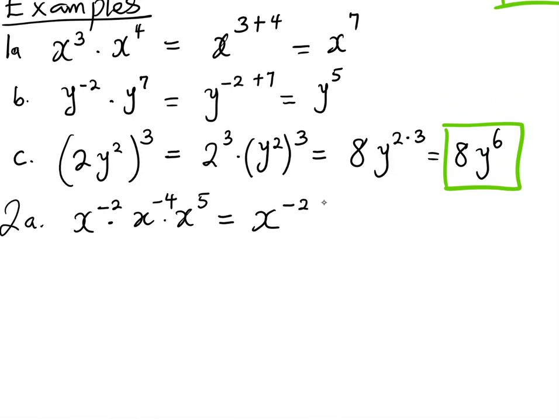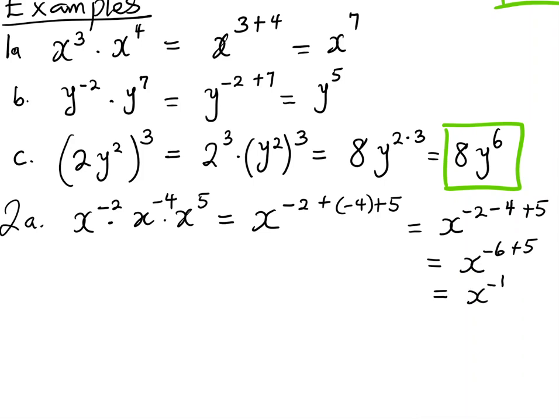That is -2 plus -4 plus 5, and that is x raised to power... well, if you distribute this, you have -6 plus 5, because -2 minus 4 is -6. So plus 5, that is x raised to power -1.